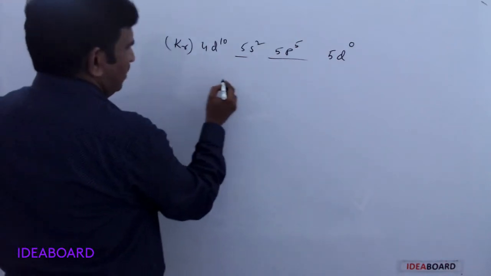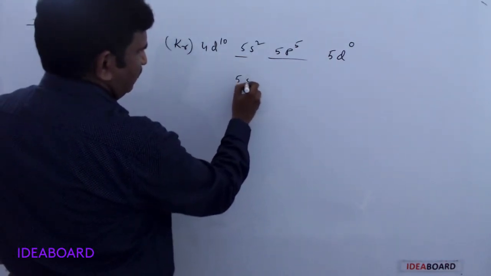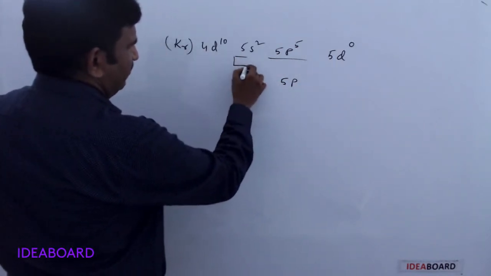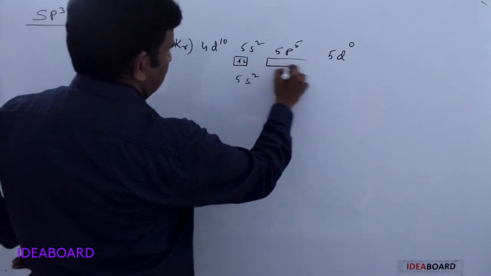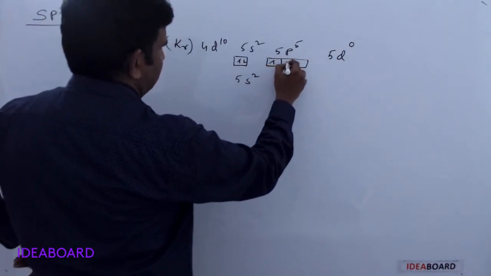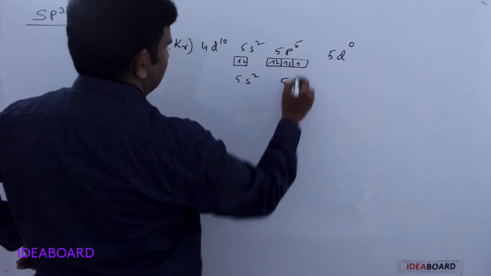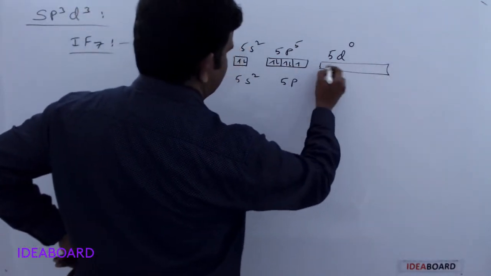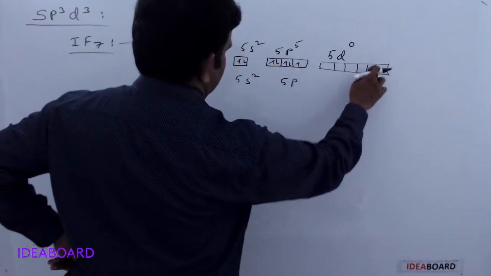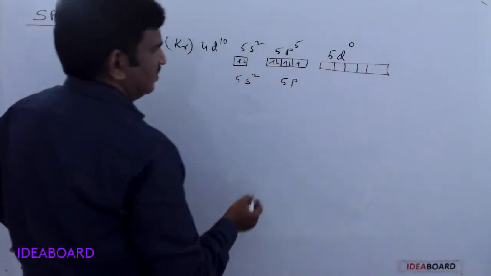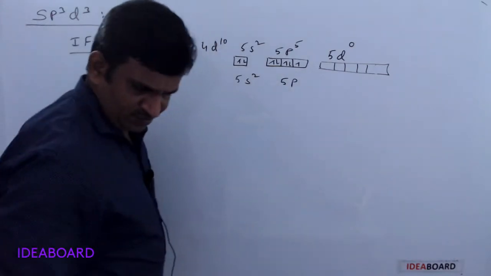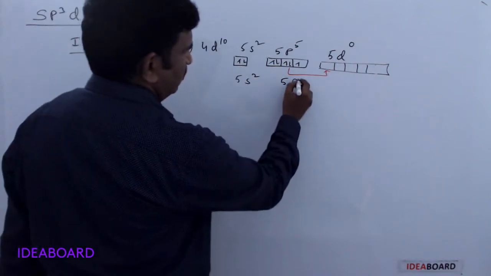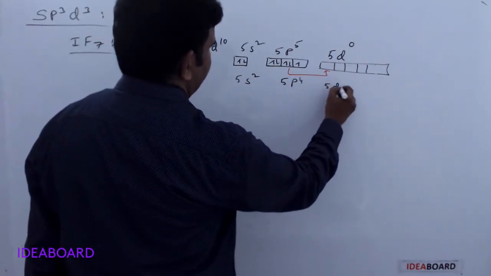In the 5s we have two electrons, and in 5p we have five electrons, and one electron jumps into the vacant 5d orbital. So we get 5p4 and 5d1.